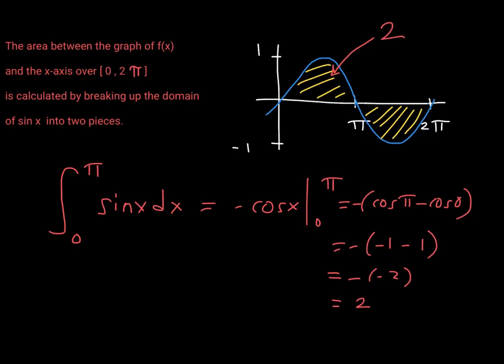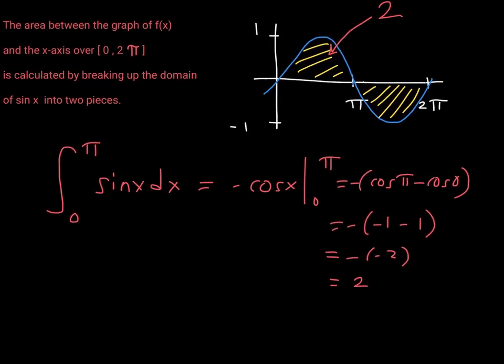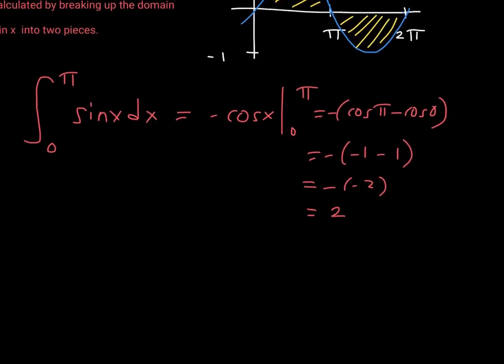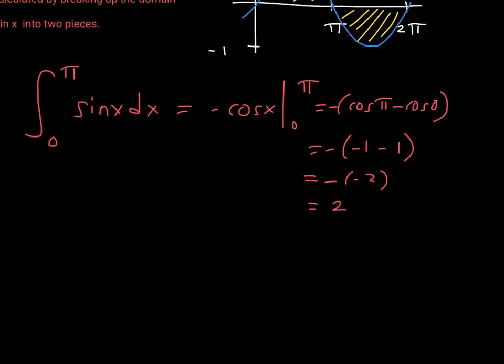All right, now let's work with this piece here, okay? And we're going to go from pi to 2 pi. Now, we're going to get negative 2. But because we're talking about the area, and you and I know that area is always non-negative, we're going to end up taking the absolute value of this contribution. So now I'm doing the integral from pi to 2 pi of sine of x.